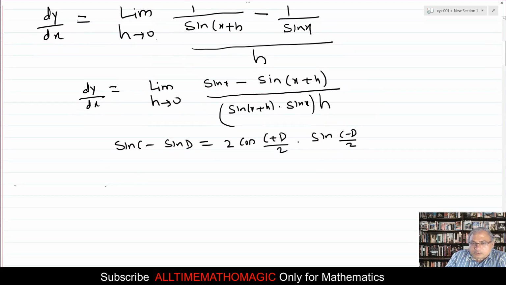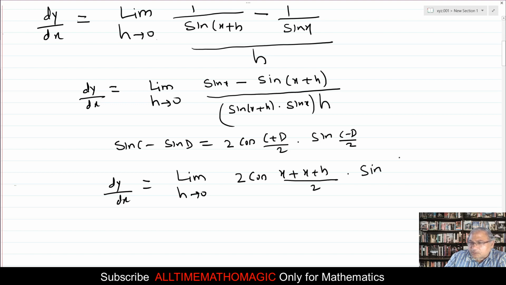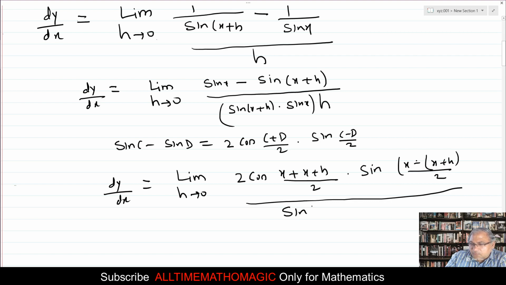Applying this formula, dy by dx equals limit h tending to 0 of 2 cos of 2x plus h upon 2, sin of x minus x plus h upon 2, whole divided by sin of x plus h sin x, upon h.